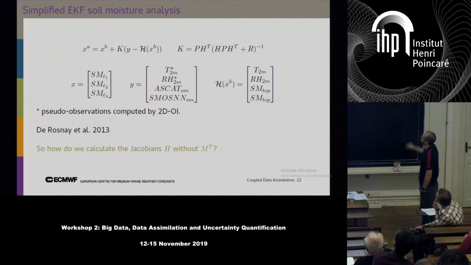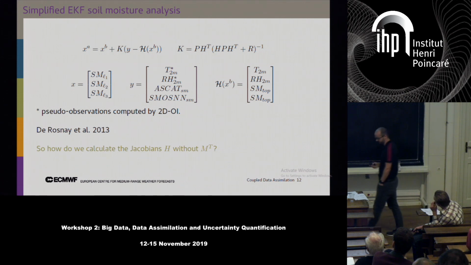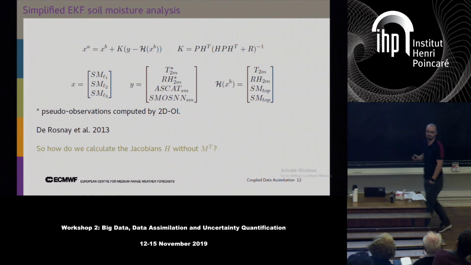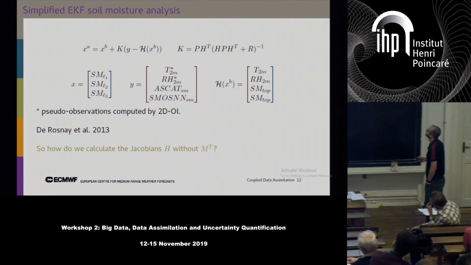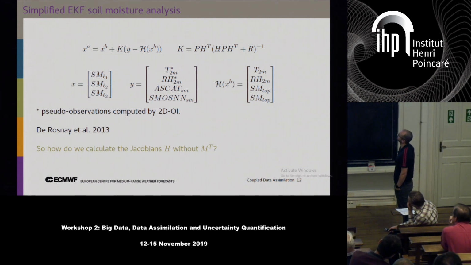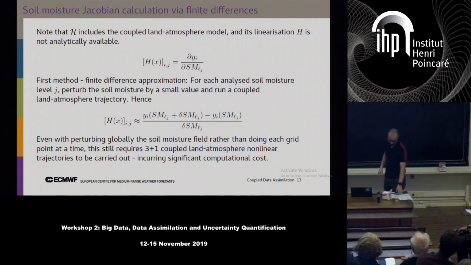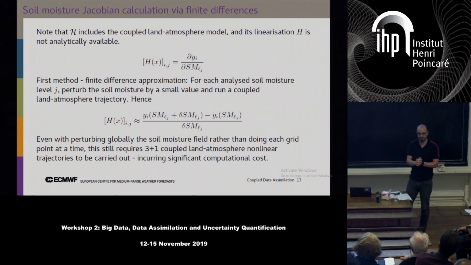So the question is, how do we calculate the Jacobians, H, to go into this equation? Because these Jacobians are essentially Jacobians of running the nonlinear model, coupled ocean, land, atmosphere to the correct time, and then taking the observation equivalents. So the first thing that we did was we just did a finite difference approximation.